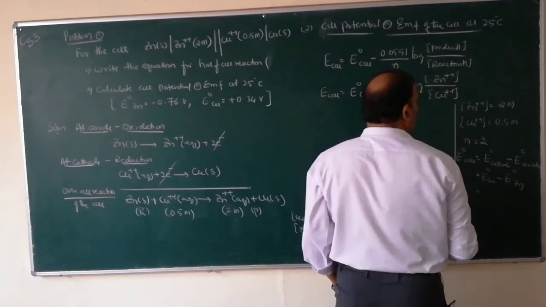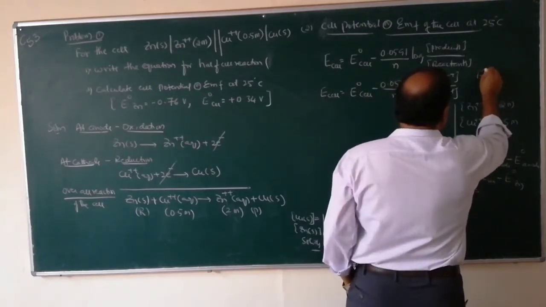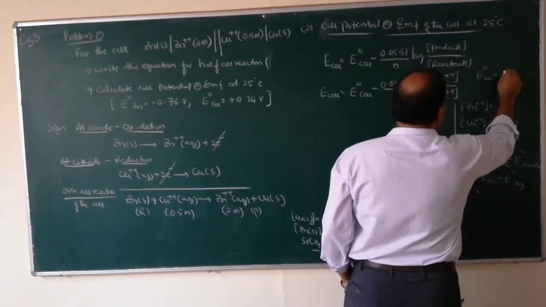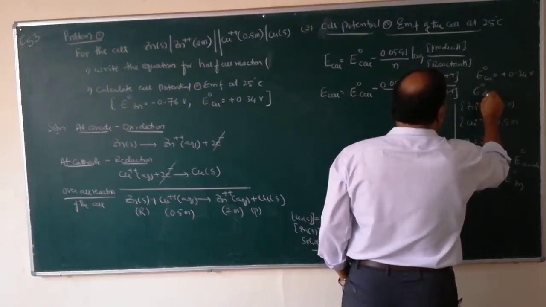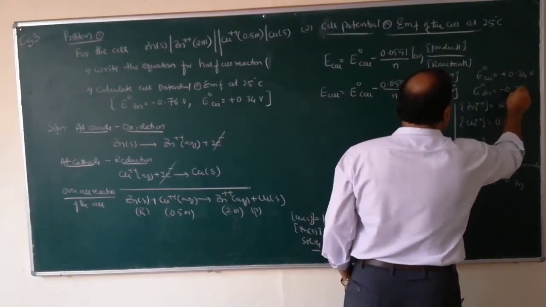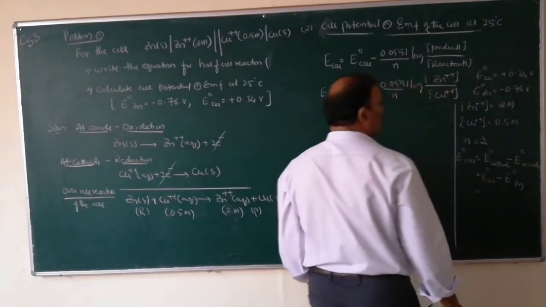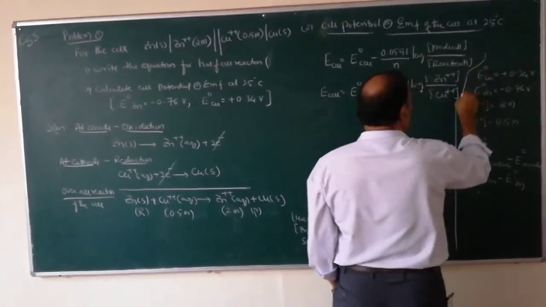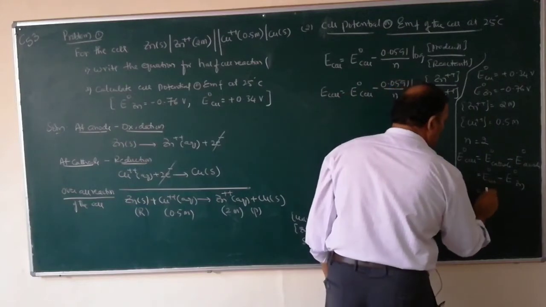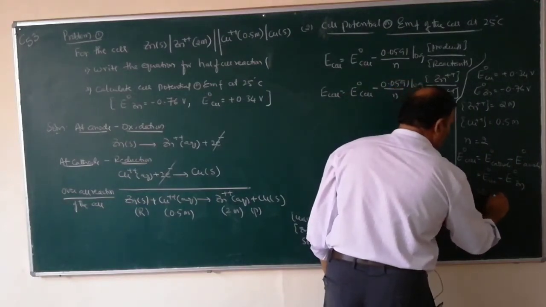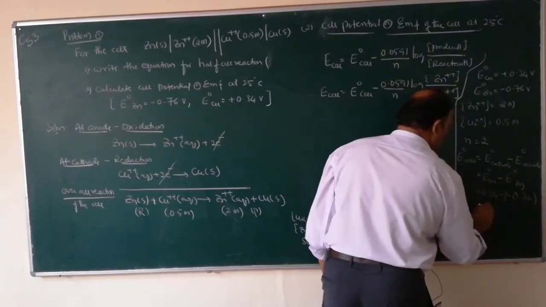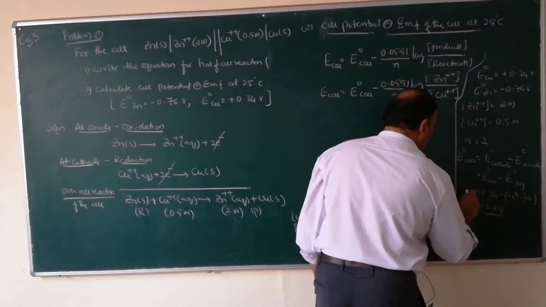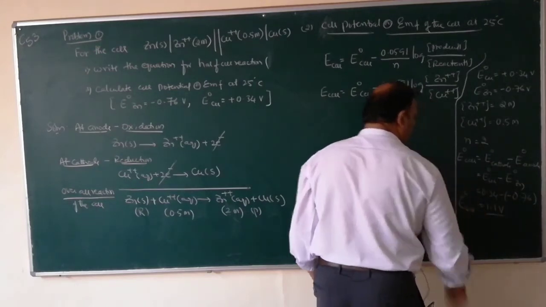E naught of Cu equals plus 0.34 volt. E naught of Zn is equal to minus 0.76 volts. These are given. So 0.34 minus of minus 0.76 equals 1.1 volt. This is E naught cell.